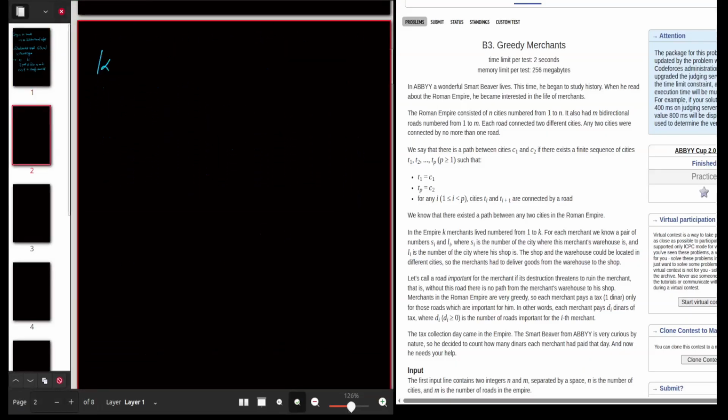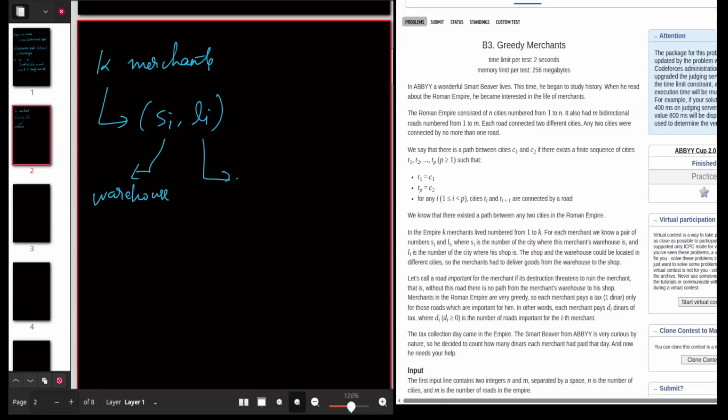There are K merchants, and each one is associated with a pair Si, Li, where one is the warehouse location and the other is the shop location.